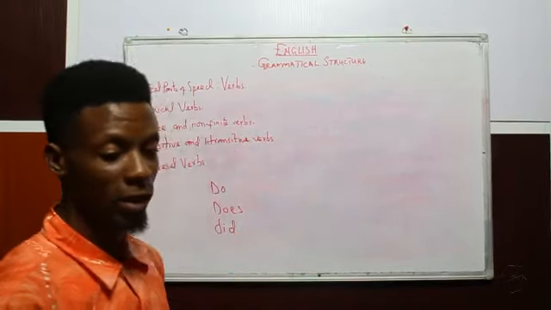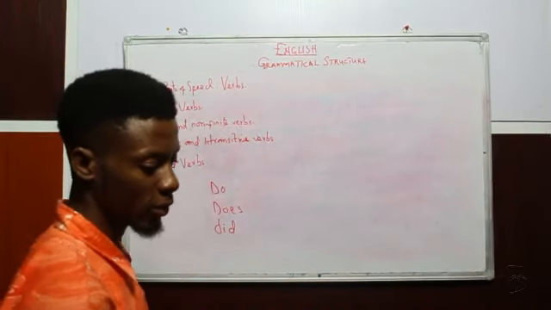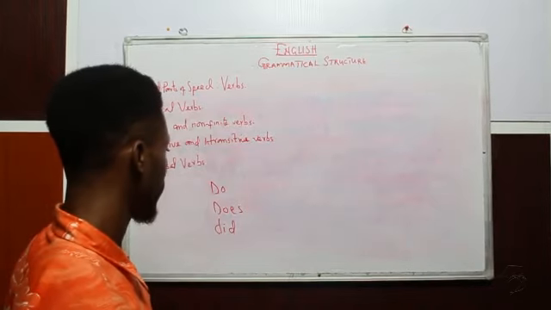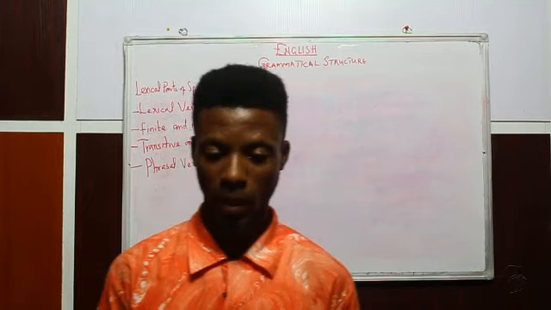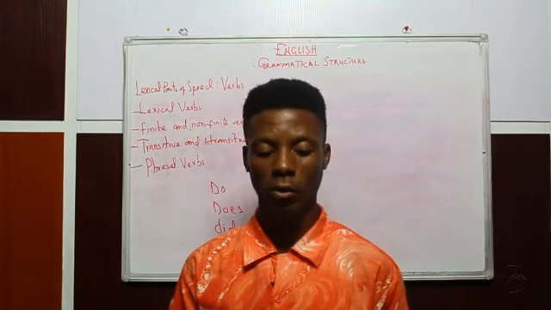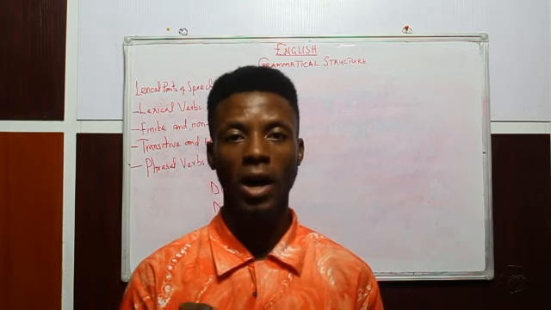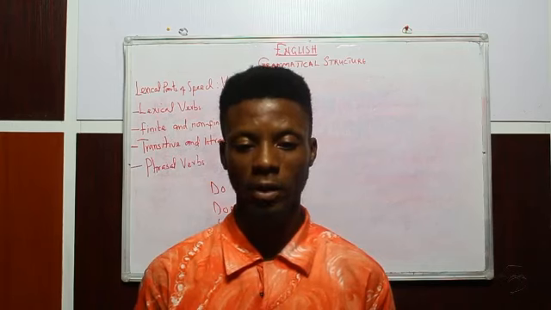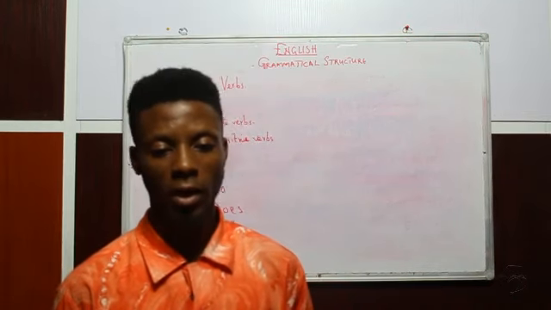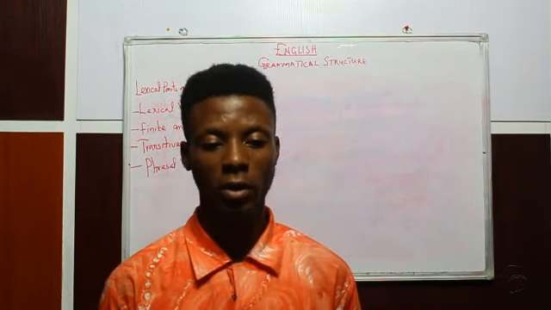Do shows the base form, does shows the third person form, and did shows the past tense. Whenever we come across verbs like this, that show the third person, the base form, and the past tense, they are called finite verbs. Again, lexical verbs are said to be finite when they are used alone in the verb element of the sentence where they occur.